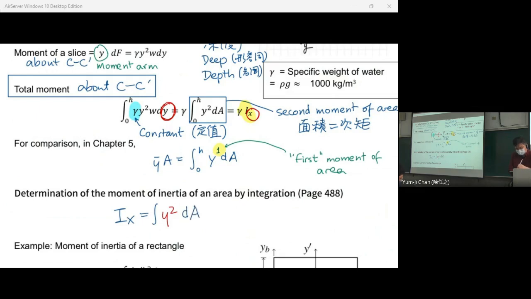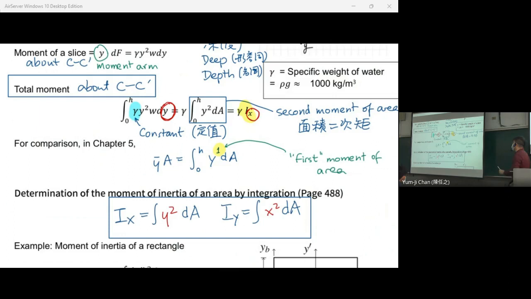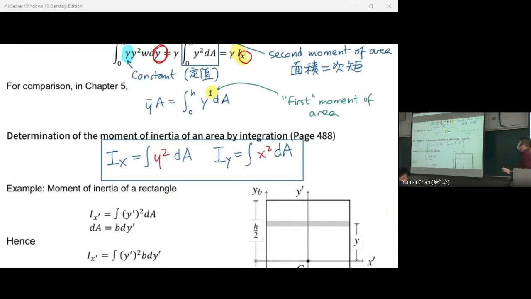And if we determine Iy, that will be x squared dA. Remember, and do not mix them up. If we calculate Ix, we should have y squared dA. And if we have Iy, then we need to have x squared dA.